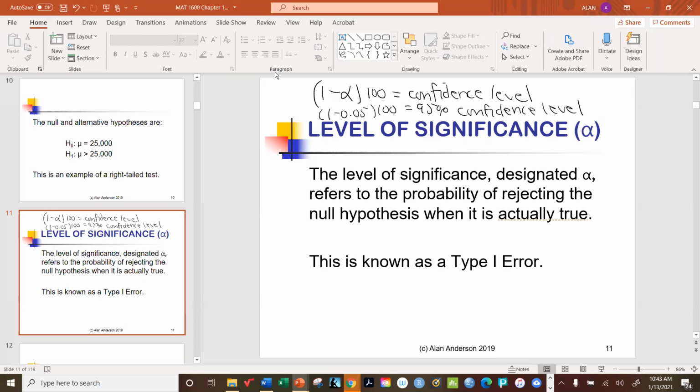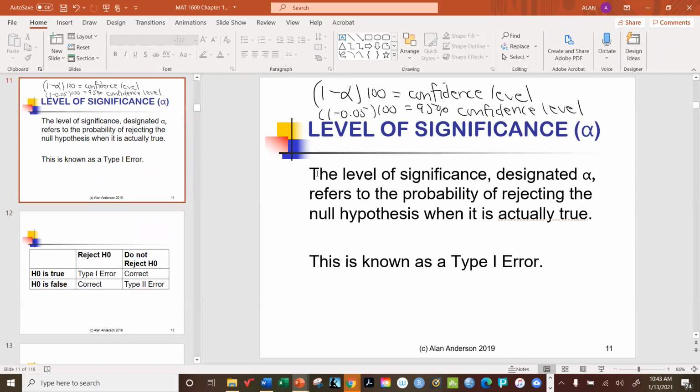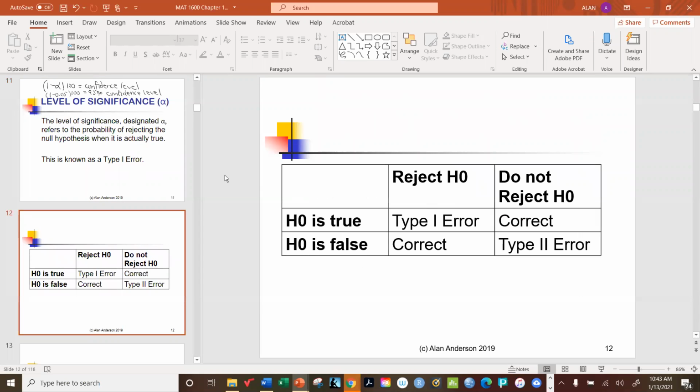Suppose we're running a hypothesis test. What are the 4 things that can happen? I'm going to show you a chart which summarizes all the 4 possible outcomes of conducting a hypothesis test. All right, here we go. Now, let's say that the null hypothesis is true.